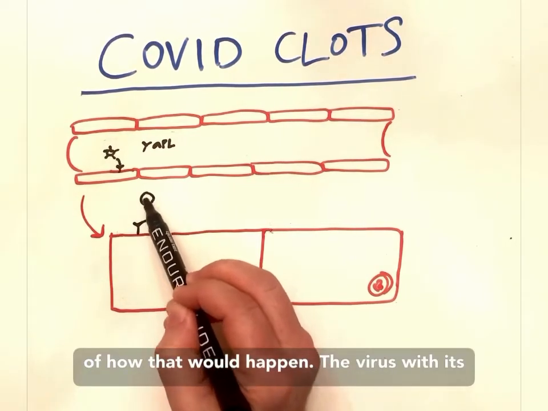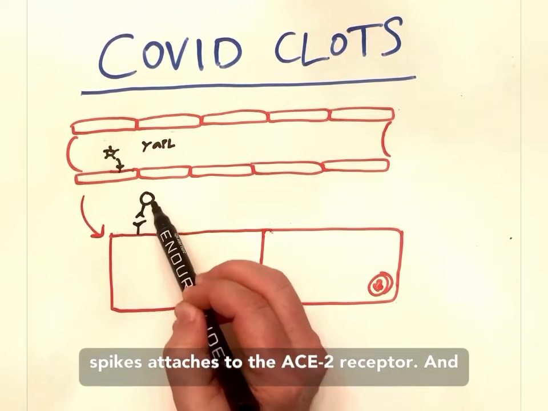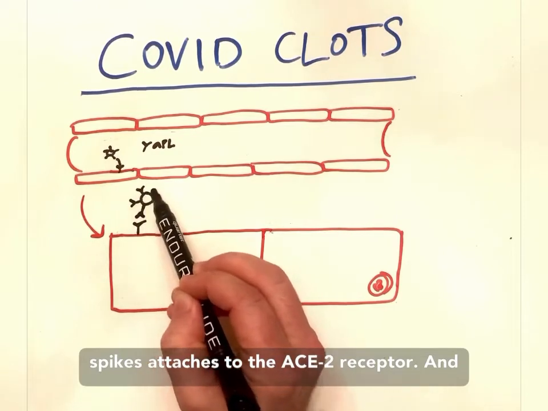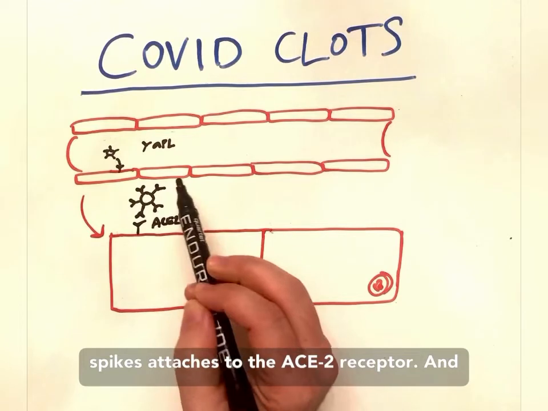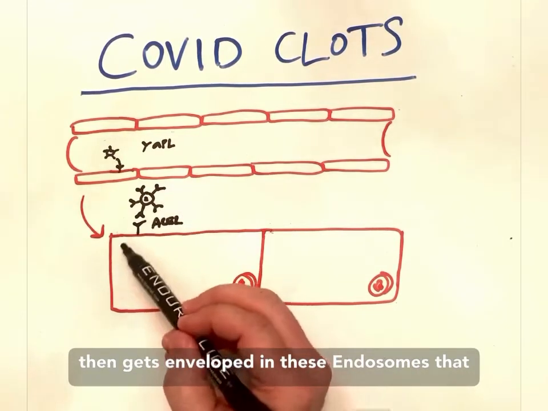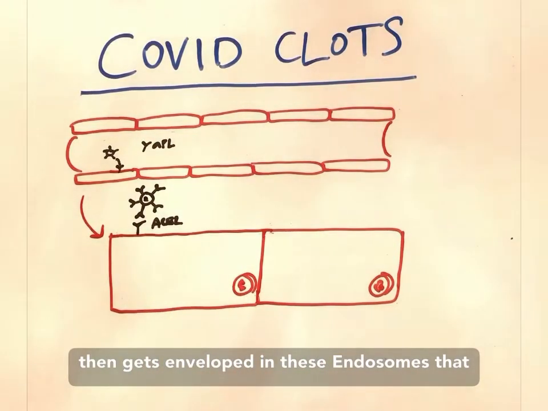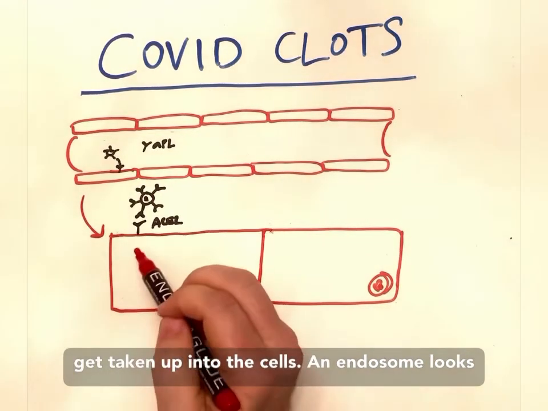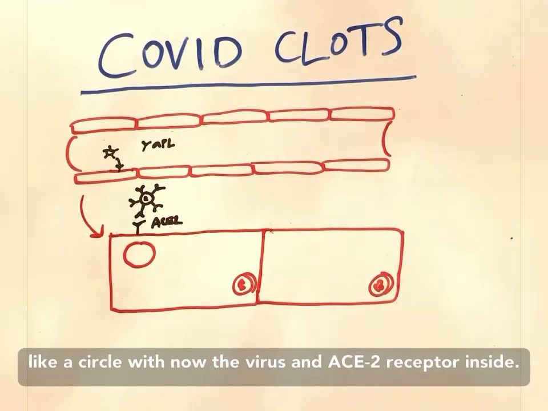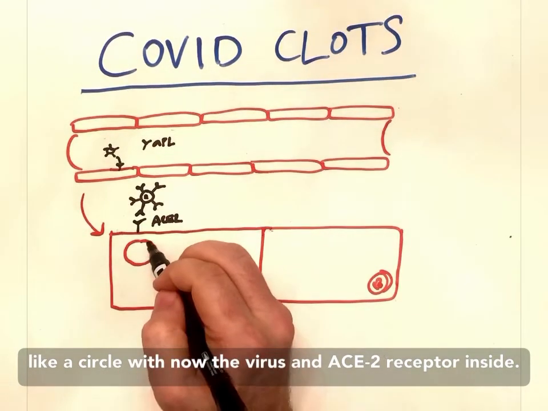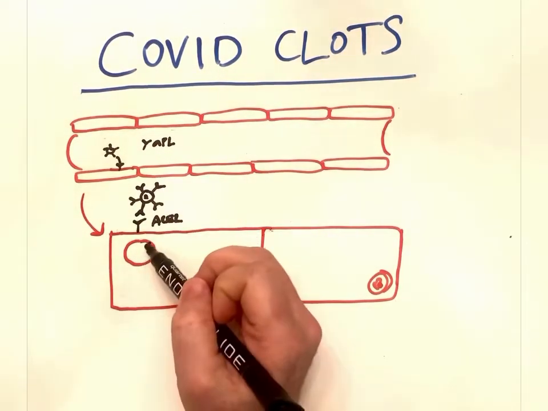The virus with its spikes attaches to the ACE2 receptor and then gets enveloped in these endosomes that get taken up into the cell. The endosome looks like a circle with the virus and the ACE2 receptor inside here.